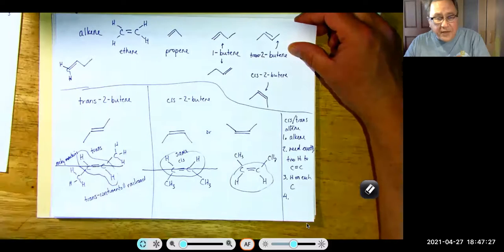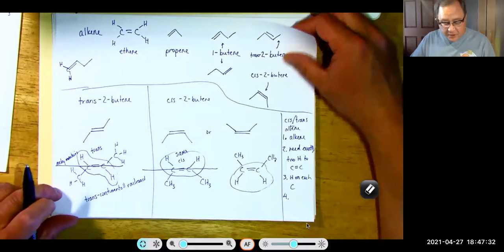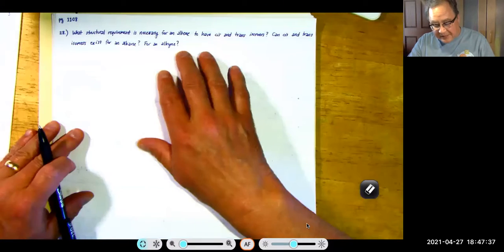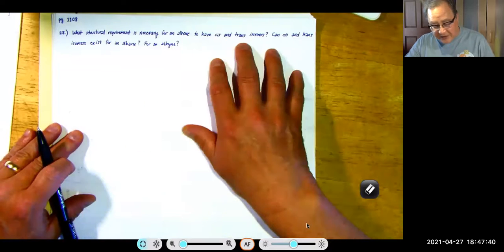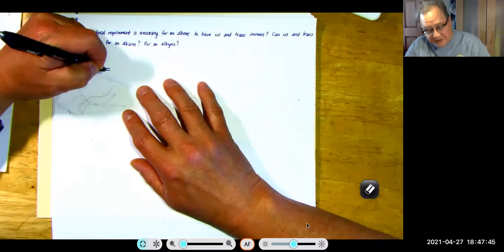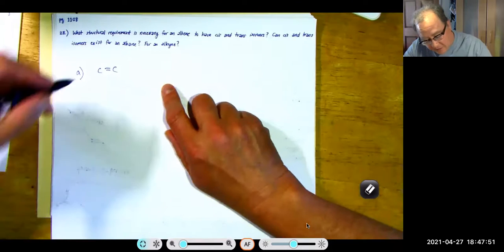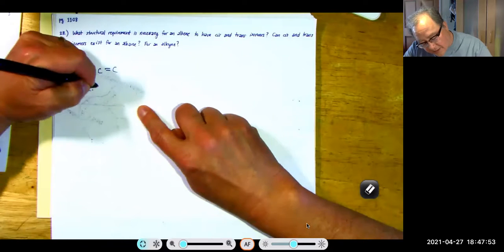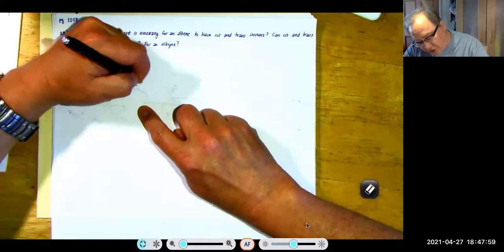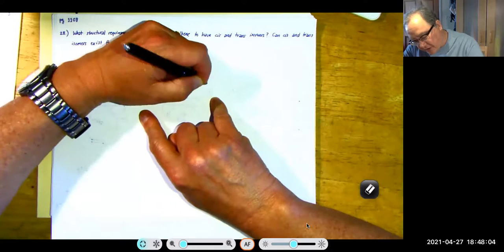So, are we okay with cis and trans? Yeah. Now let's go back to this. What structural requirement is necessary for an alkene to have cis and trans isomers? So we're going to say you have to have a carbon-carbon double bond, but that's redundant because they say an alkene. We have to have one hydrogen bonded to each carbon of the carbon-carbon double bond.